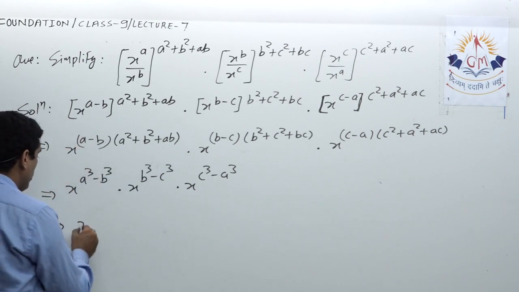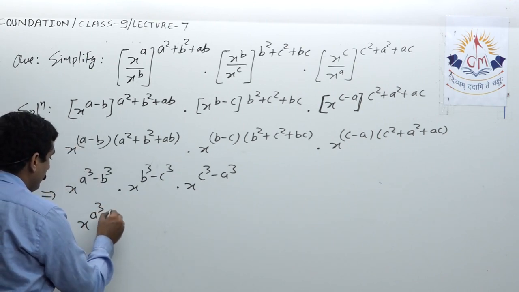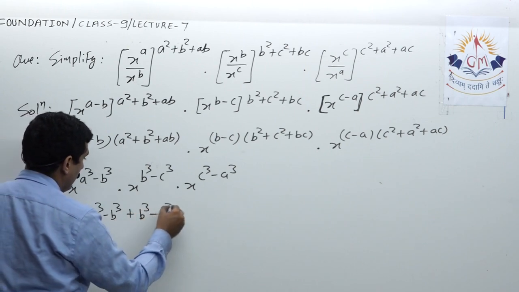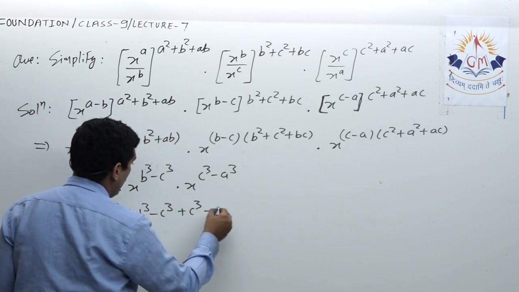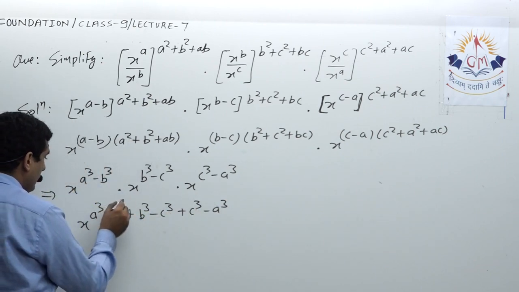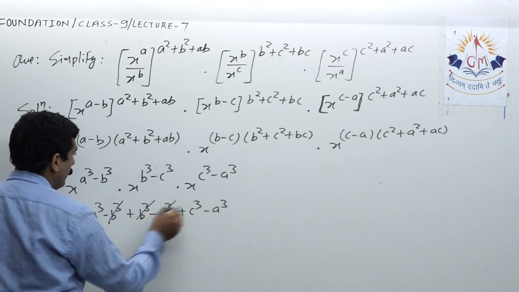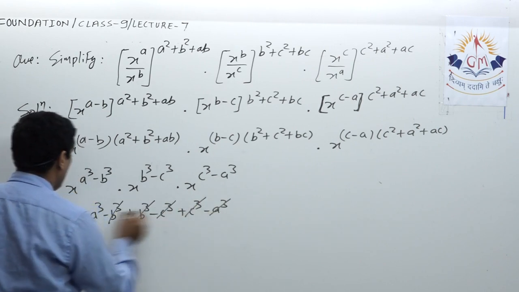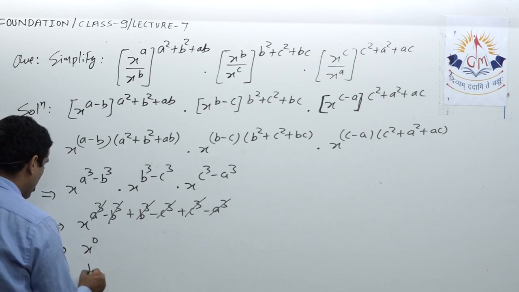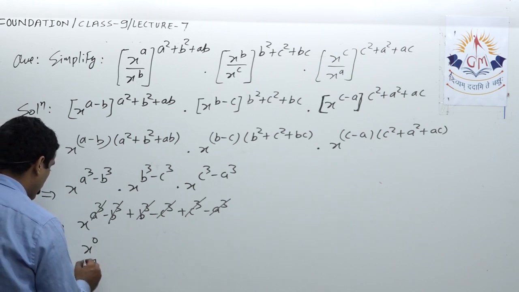So x raised to a cube minus b cube plus b cube minus c cube plus c cube minus a cube. So ultimately, minus b cube plus b cube, minus c cube plus c cube, minus a cube plus a cube, that is x raised to 0. So the final answer is 1.